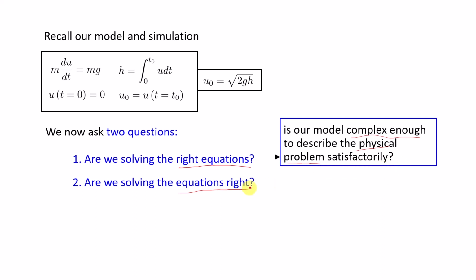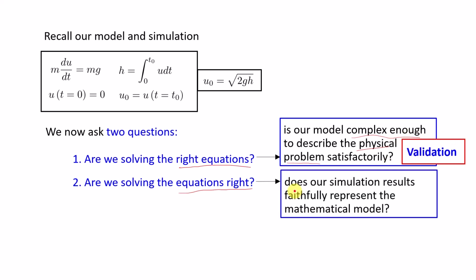The second question is, of course, once we have the model in place, are we solving it rightly? The first point regarding the model, we call validation, and the second point asks whether our simulation results faithfully represent the mathematical model.